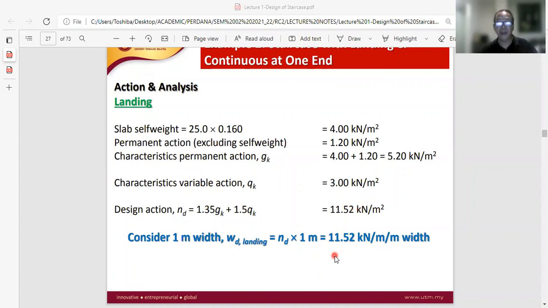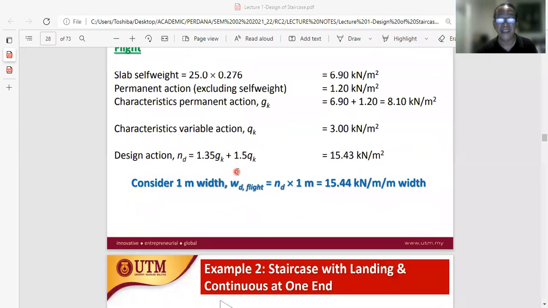Again, we multiply by 1 meter, so that all our calculation is based on a 1 meter width of the staircase. Okay? So it doesn't matter. Whatever the width of the staircase, it's fine. If we don't know the actual width, it's fine. If it's not given, we can still proceed with the solution. Yeah.